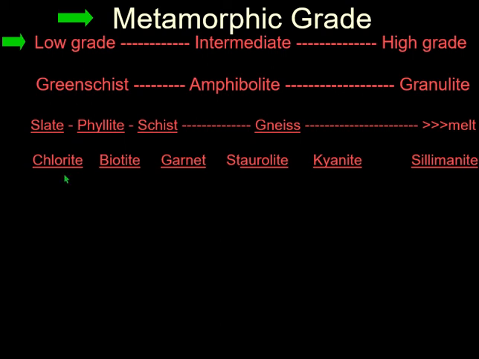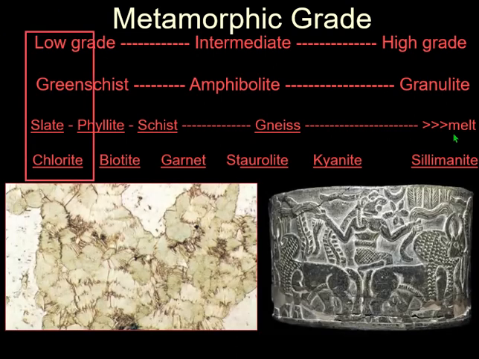These are the minerals often associated with them. So a green schist will have green minerals in it, like chlorite. Whereas the other rocks will be found in higher metamorphism until it's so highly metamorphosed it almost looks like granite.